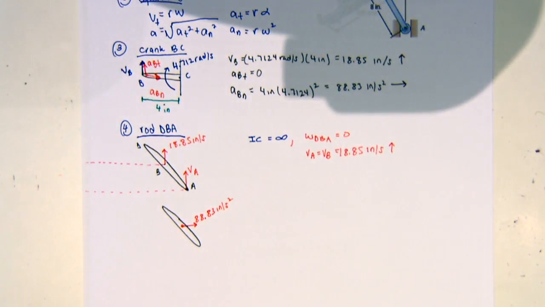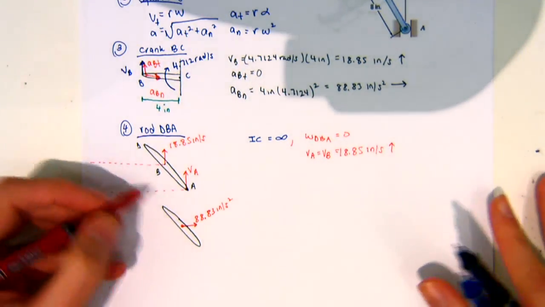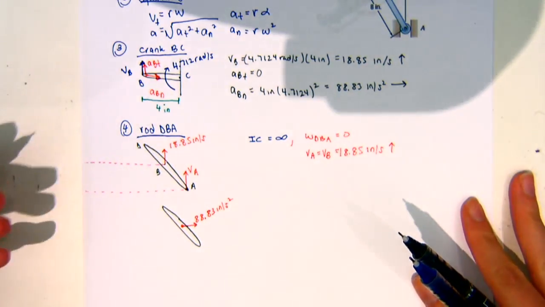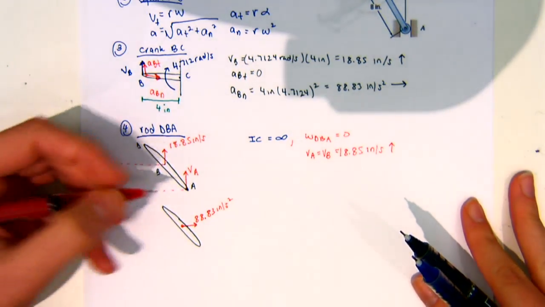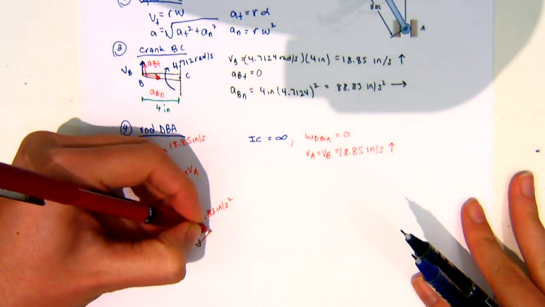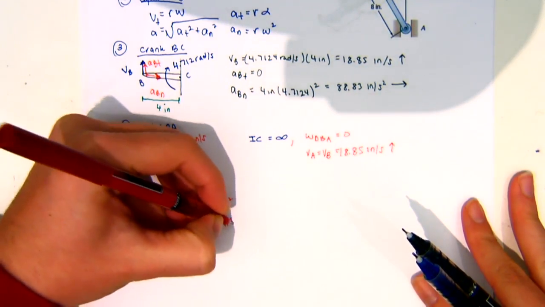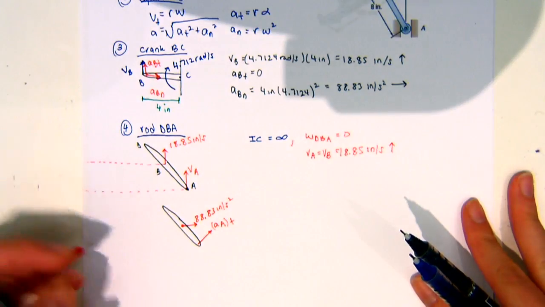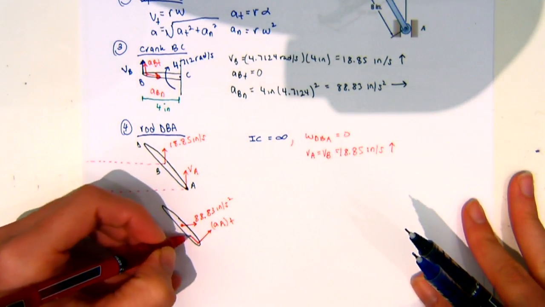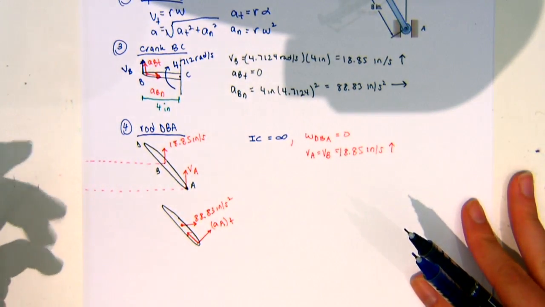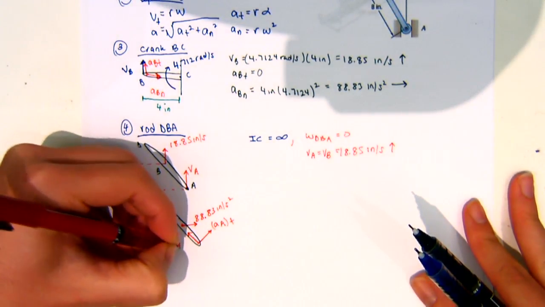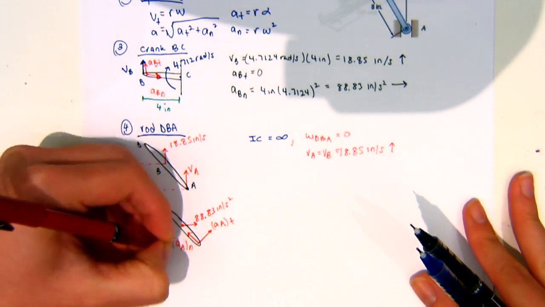For point A then, our tangential acceleration has to move perpendicular to that rod. So this right here would be our A tangential. And then this one, going towards the center, would be our A normal.